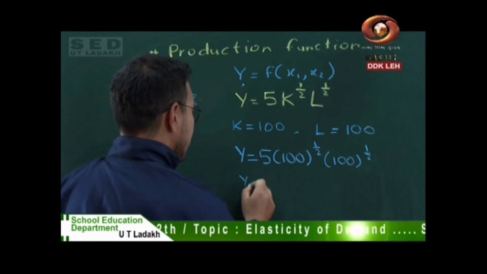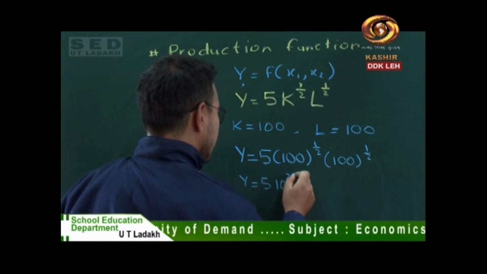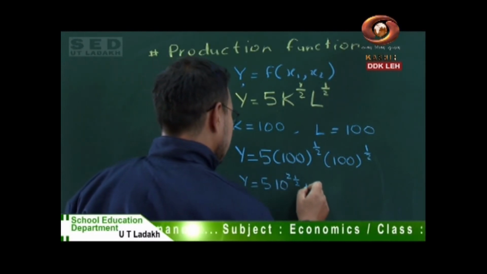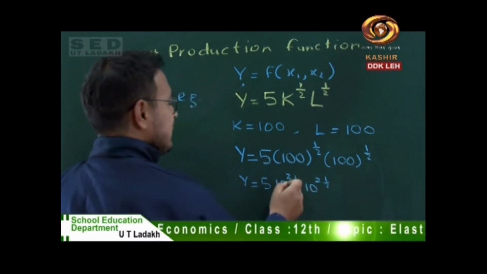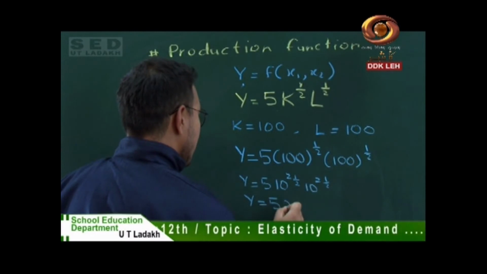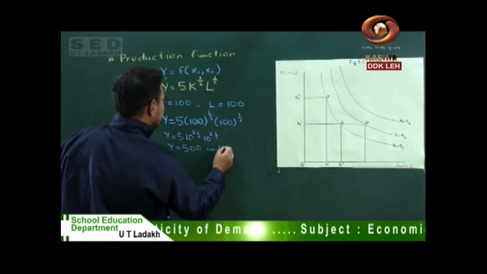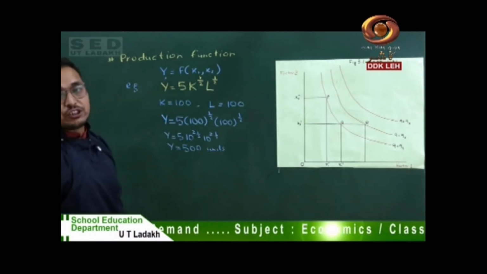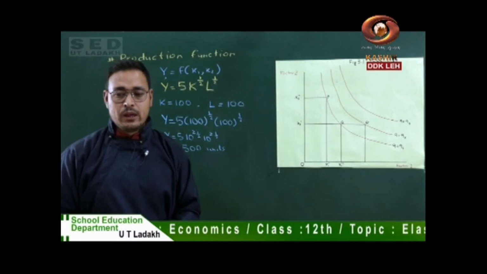Or y is simply 5, I can also write 10 square root, and also here 10. So this and this cancel. So as a whole, we are producing 500 units of output. So that is what the production function does. This is a simple example that we are using.